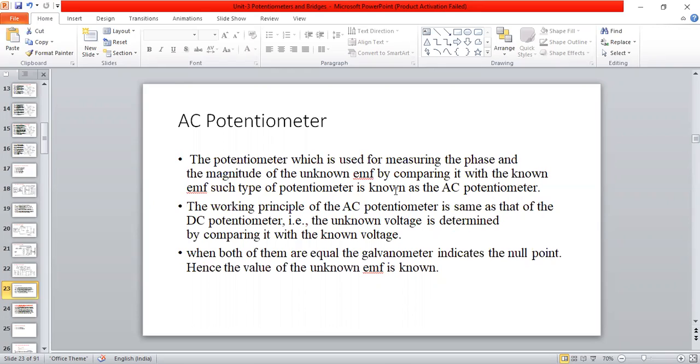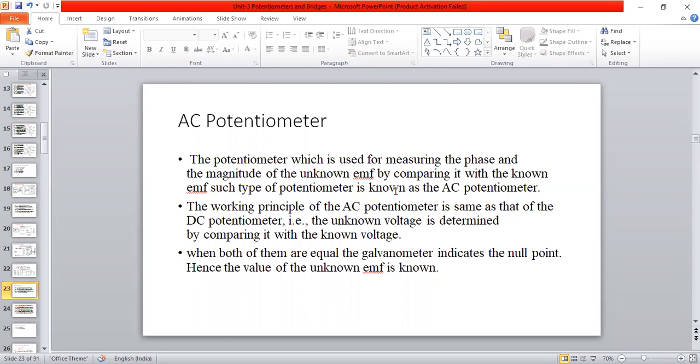By comparing it with a known EMF, such a type of potentiometer is known as the AC potentiometer. DC potentiometer measures only the magnitude of the unknown EMF, but for AC we measure the phase and magnitude, then compare that measured quantity with the known EMF.